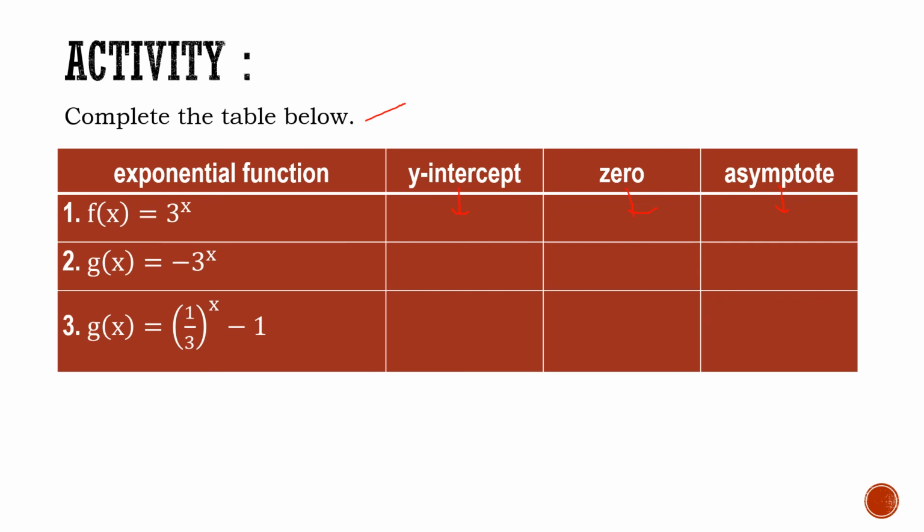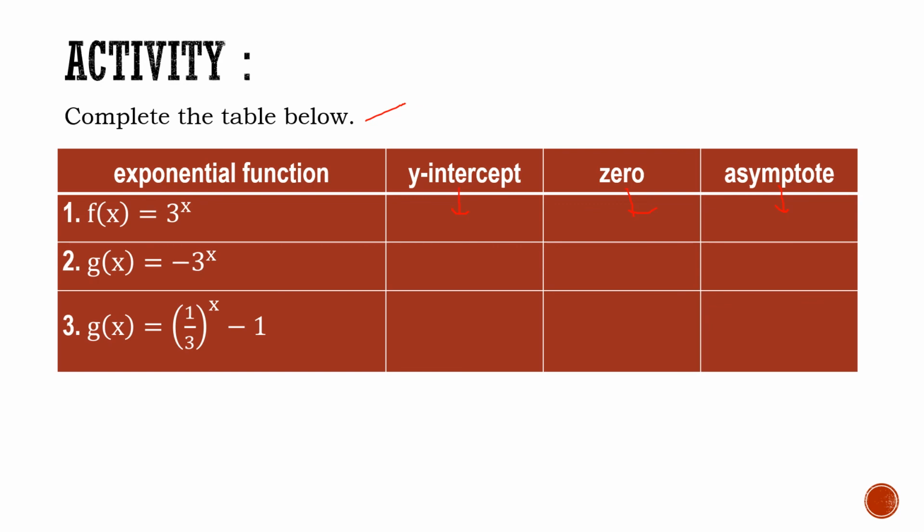Your zero will be dependent on the value of x that can give you a function value equal to 0. And then your asymptote will be dependent on the value next to your exponential expression. So this asymptote will be dependent on the term without an x, or without an involvement of the x variable as your exponent. So that will be your asymptote here.